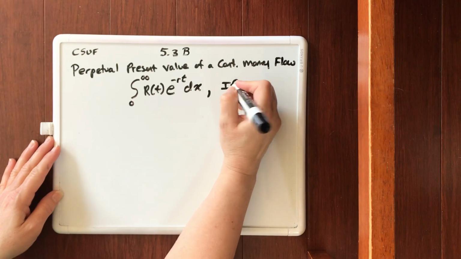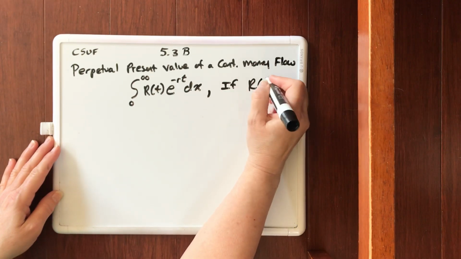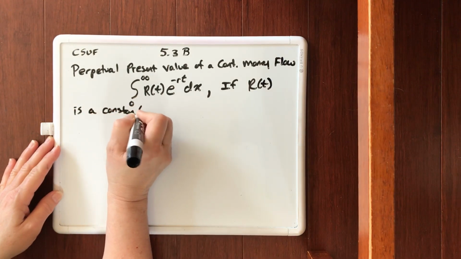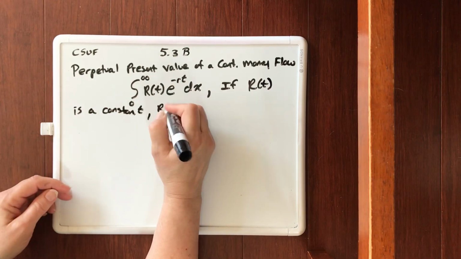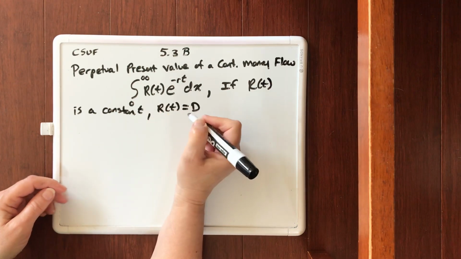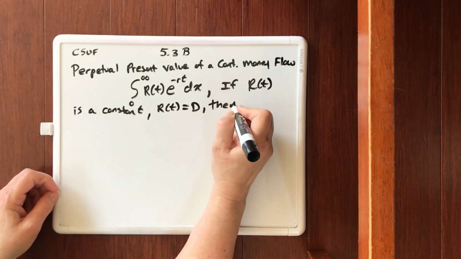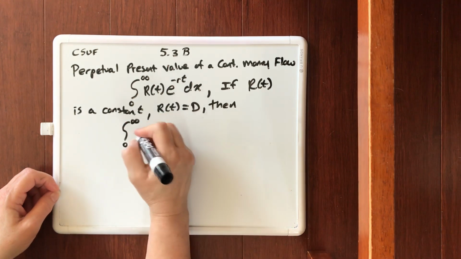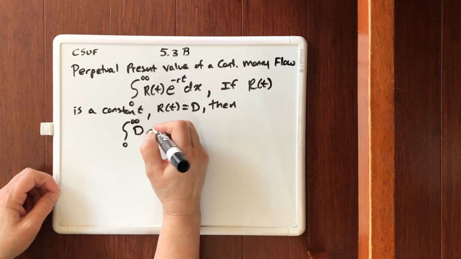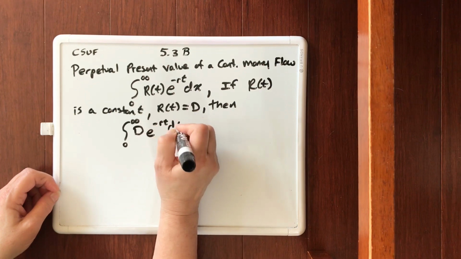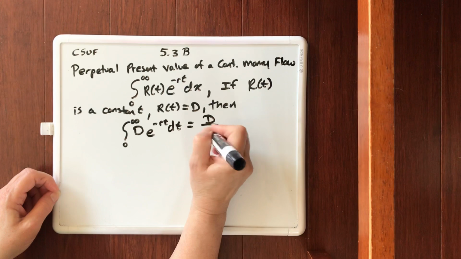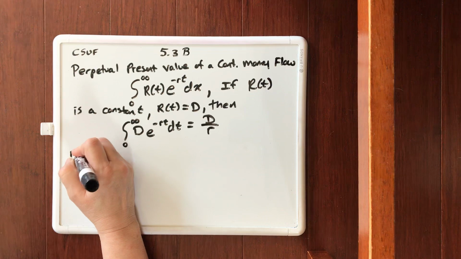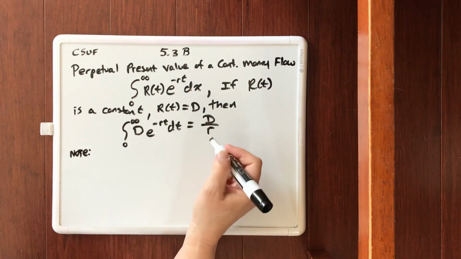Now, if R(t) is a constant, such that let's say R(t) equals D. Okay, then the integration of 0 to infinity, where we replace R(t) with D, of e to the negative rt dt equals D over r. Now this may not be so obvious, so I'm going to show you how this works. And then we're going to utilize D over r.